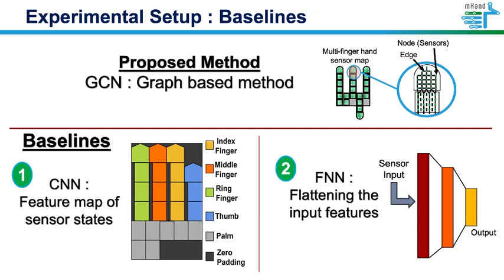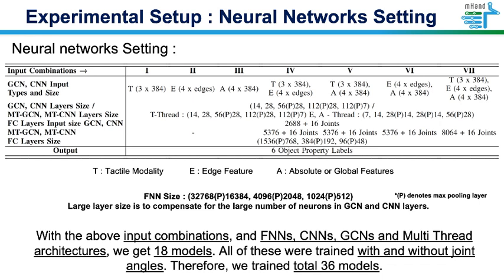We also trained a multi-thread CNN, an architecture similar to the multi-thread GCN. We trained GCNs, CNNs, and FNNs with the 7 input combinations shown in the table, and with all the input combinations and the architectures we got a total of 18 models, and with and without joint angles we get 36 models. So all these 36 models were trained to evaluate the proposed method.